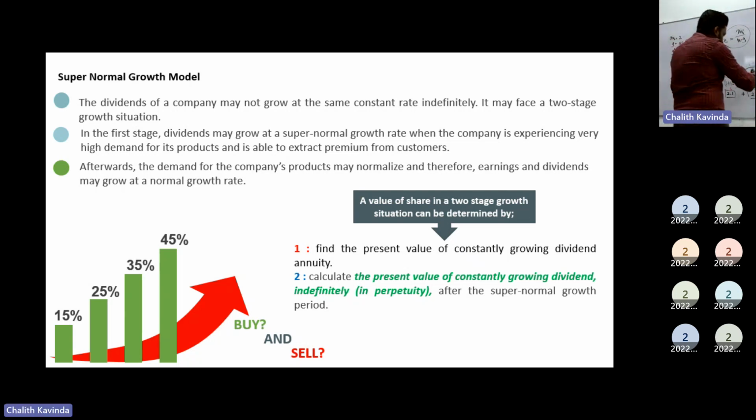First, you take the dividends and get the present value. That is the first stage. Secondly, you need to calculate the present value of the share when the dividends increase at a perpetual growth rate. That is simply the supernormal growth model, and that is the end of today's lecture.